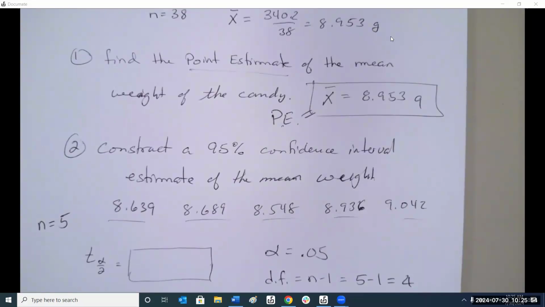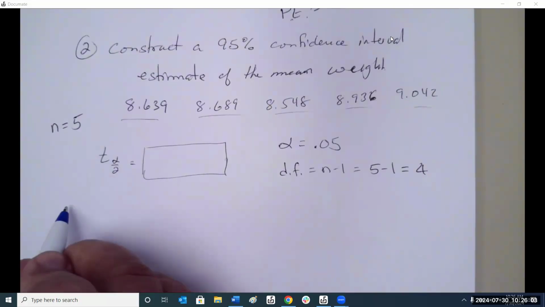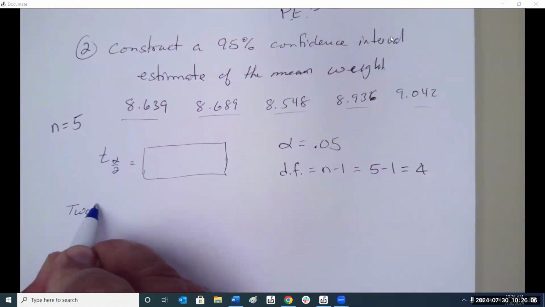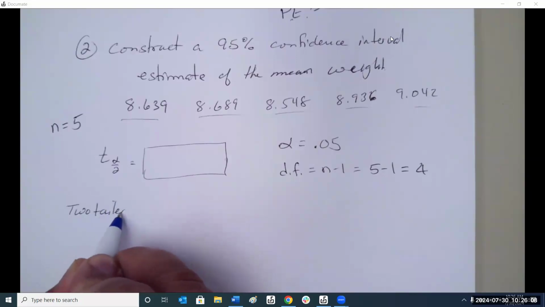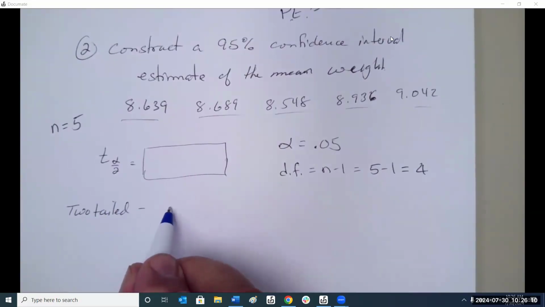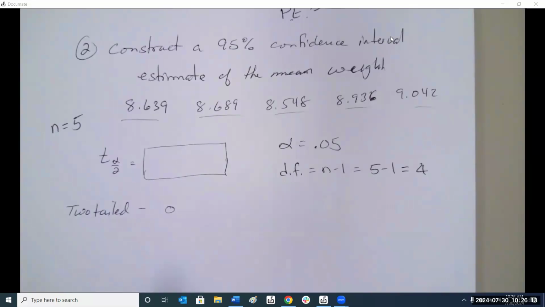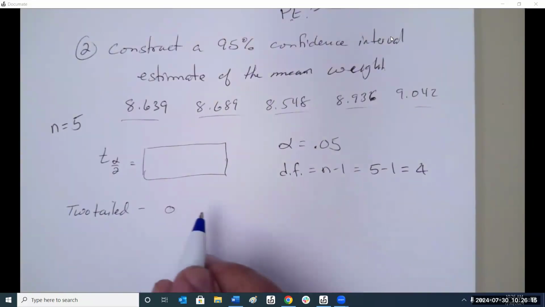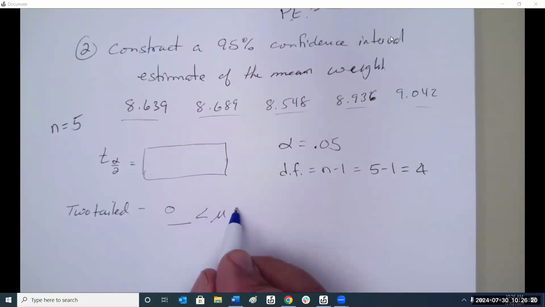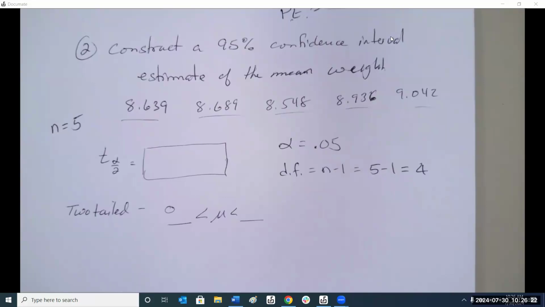Or always less than? Or when we pick a piece of candy, is it going to be on either side? It's 2-tailed because when we pick a Reese's peanut butter cup, the weight of that candy can be either less than the population mean, or it could be greater than it.